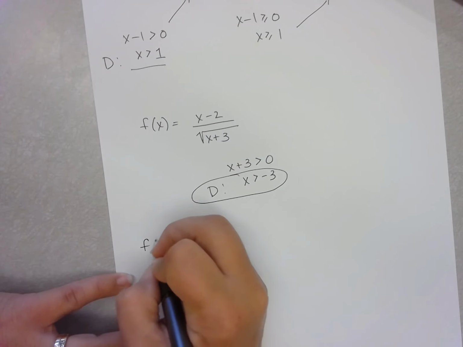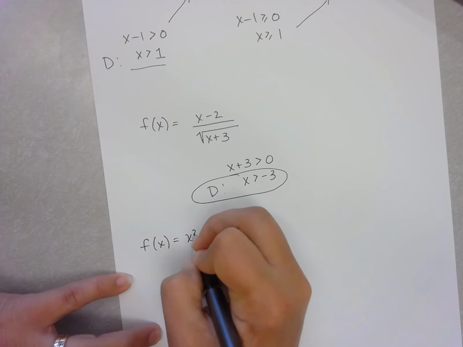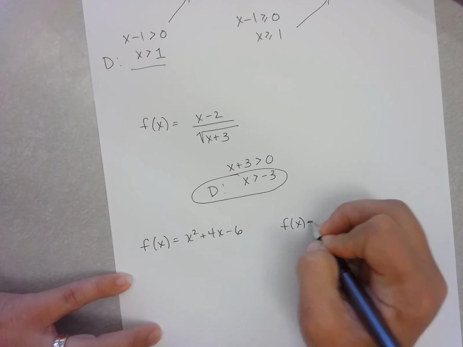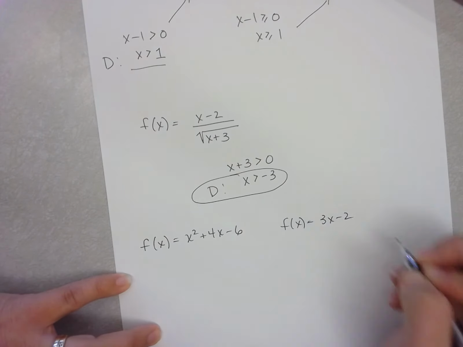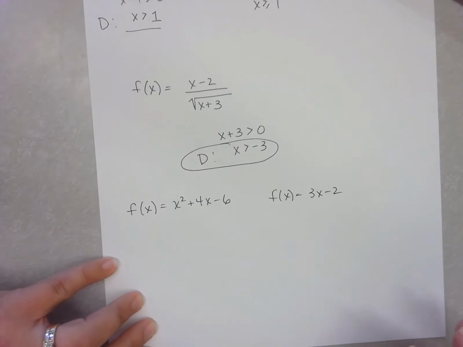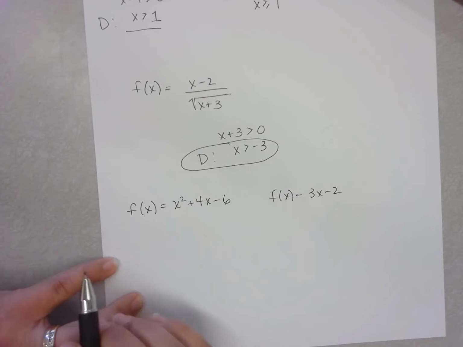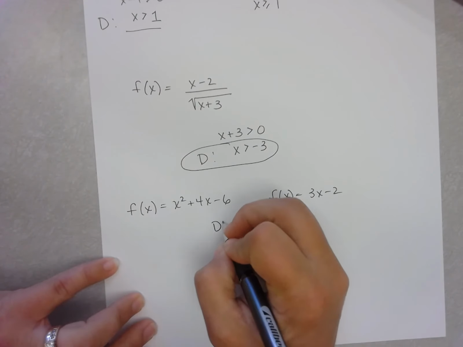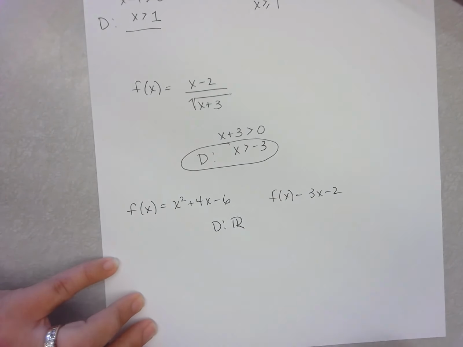If I'm given any other function, for instance, x squared plus 4x minus 6, or f of x equals 3x minus 2, I look at these and I can see that I don't have a square root, no even root, and I don't have any division by any variables. And so for these, I can immediately say that my domain is all real numbers.